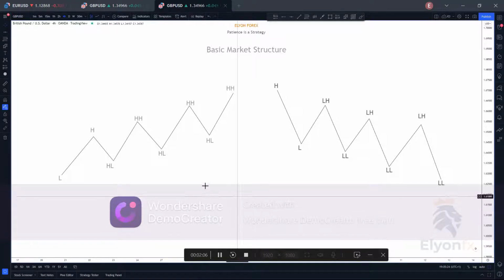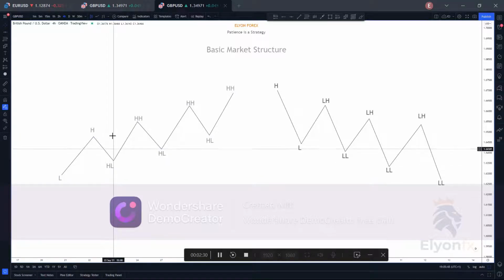Now if you look at my screen on this part, this is an example of an uptrending market, because in an uptrending market, we want to see the market create a low, we want to see the market create a high, and we want to see the market break the previous high, showing intent of higher prices.